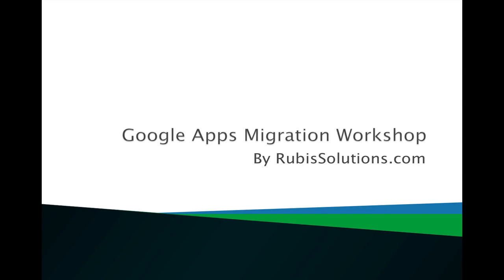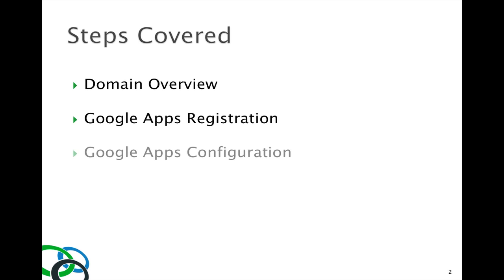Just want to very quickly go over the steps of the workshop that we'll be covering off, and then introduce the first step. So what we're going to do is take a look very quickly at the domain overview. Then we're going to go into the actual Google Apps registration and the configuration of the apps environment. And then after that, at this point, we haven't migrated anything.